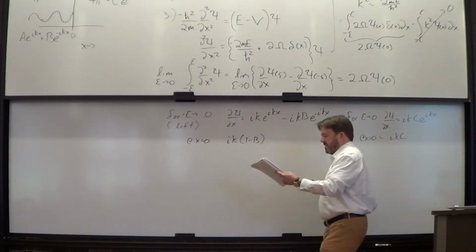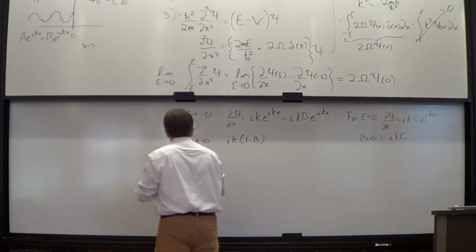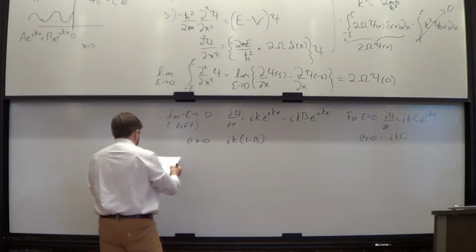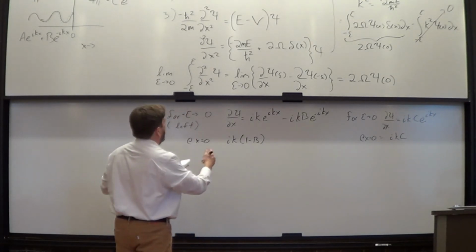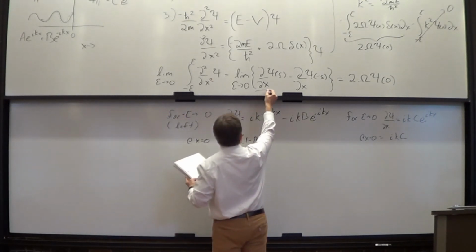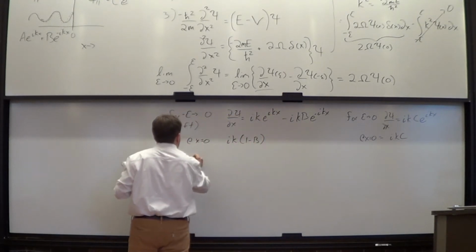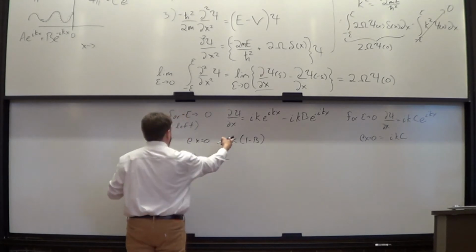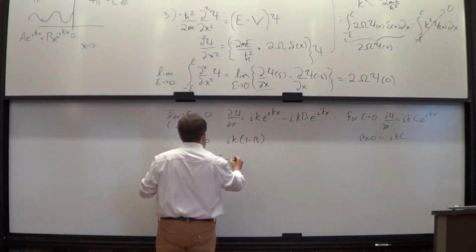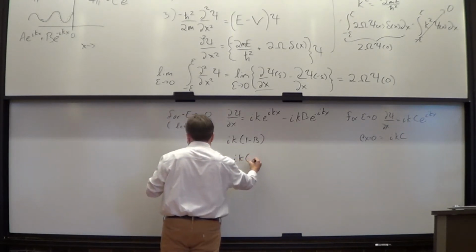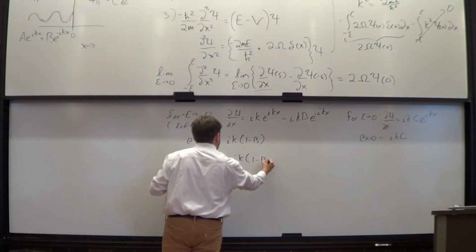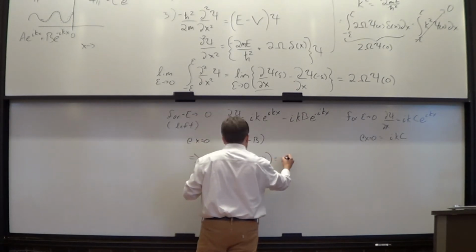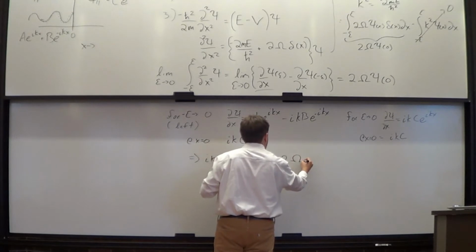So what you end up with is ik c minus ik times 1 minus b is equal to 2 gamma.